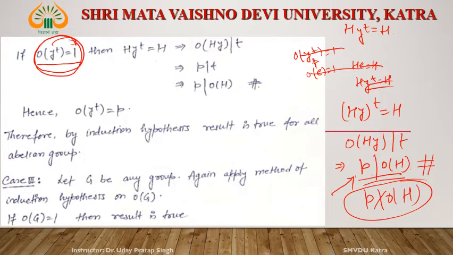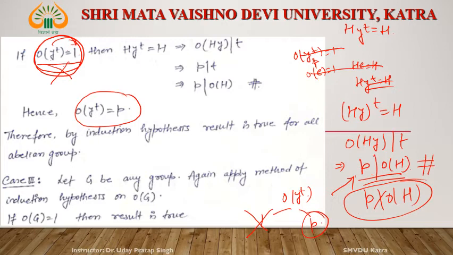Then the order of y^t being 1 is not possible. There are only two possibilities for the order of y^t, that is 1 or p, and 1 is not possible. Then what is the order of y^t? It is p. Okay, it means the result is true for this case also, if p does not divide the order of H.